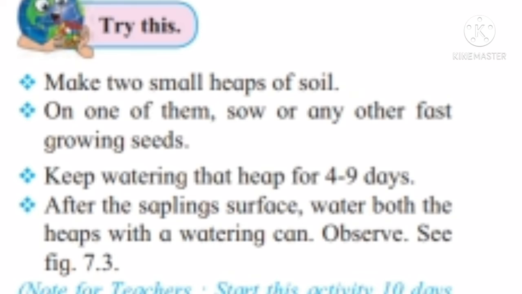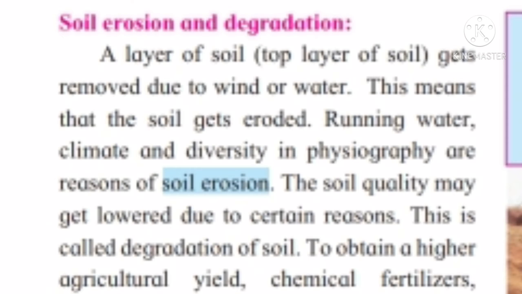In our last videos, we have seen how soil is formed and how long it takes for a small layer of soil to be formed on the earth. And as soil is very important for the growth of plants, we need to take care of this upper layer, top layer of the soil.